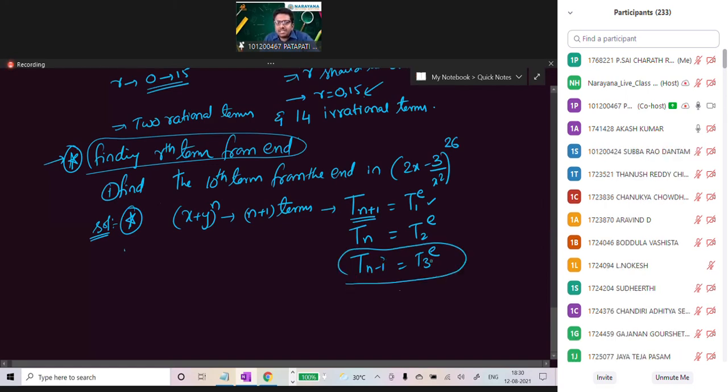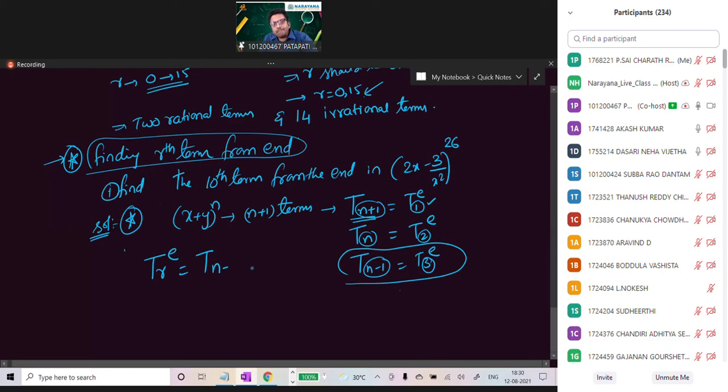This plus this is always equal to n plus 2. So the rth term from the end will be equal to T(n minus r plus 2) from the starting.